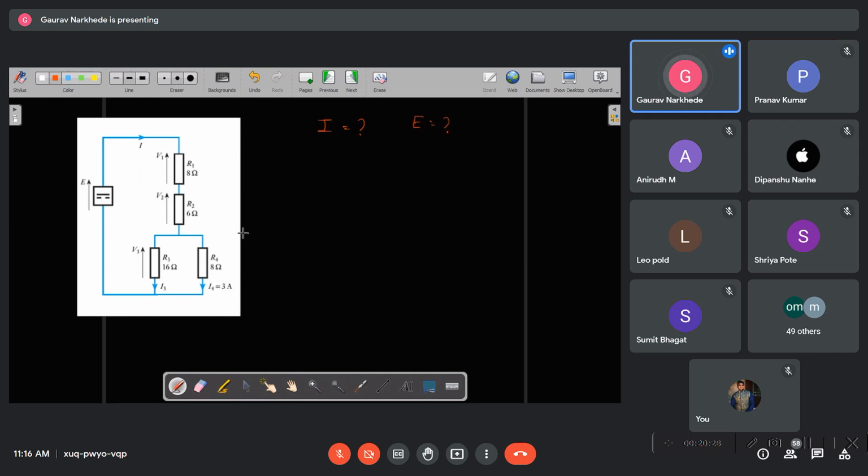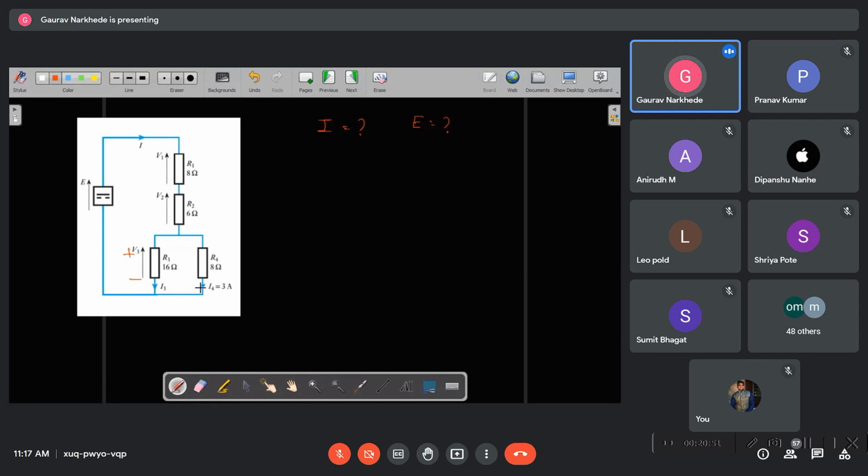Okay. So first of all, let us solve this problem, right? So what can we find? Just see the circuit. Across any resistor, can we find voltage or current? Yes, sir. So before that, assuming the directions, right? Where the current is leaving, this will be minus, and this will be plus, correct?